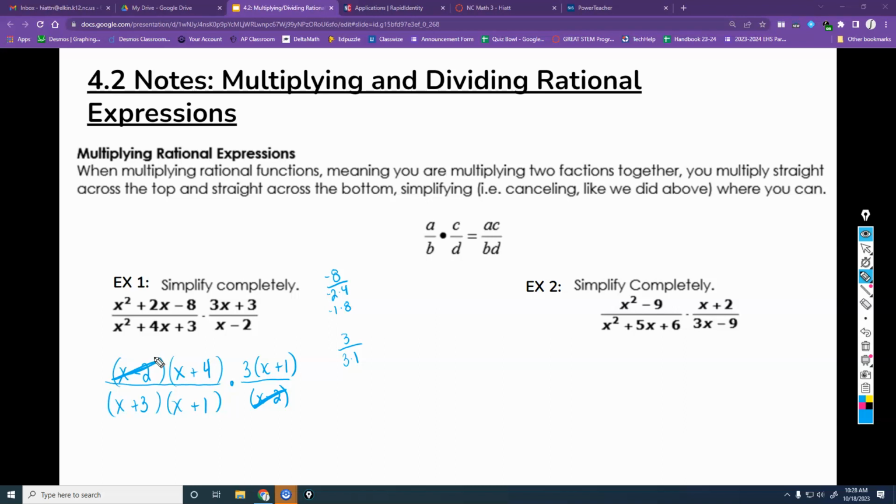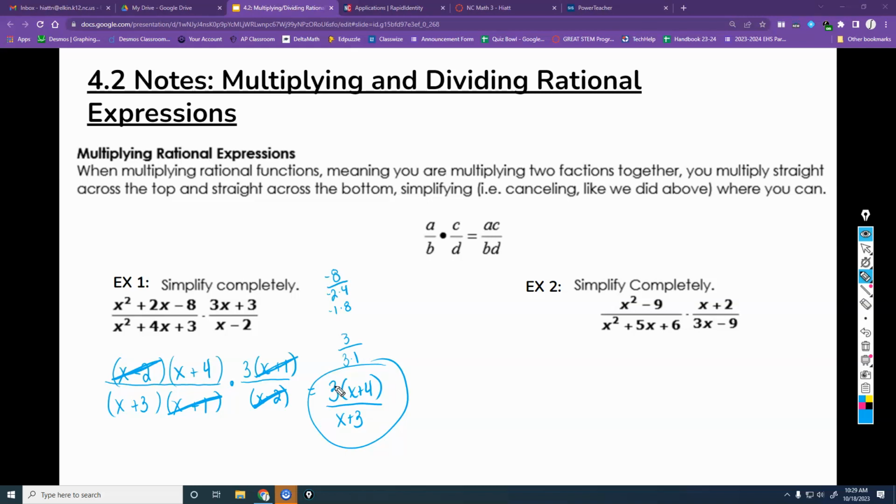What else do I have that will cancel? The x plus 1s can also cancel. Anything else? Could I cancel this 3 with this 3? No, it has to be the whole factor, right? So normally we like to write that 3 out front, so we'll have 3 times x plus 4 over x plus 3. And that would be how we would leave it.